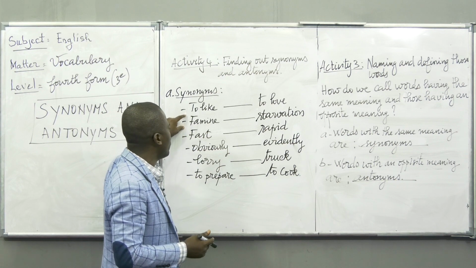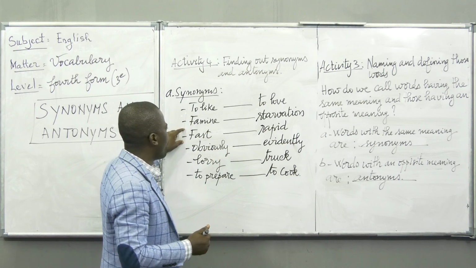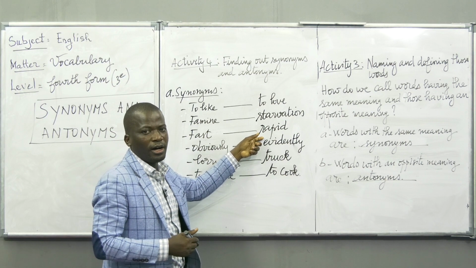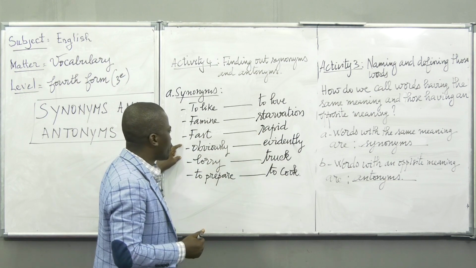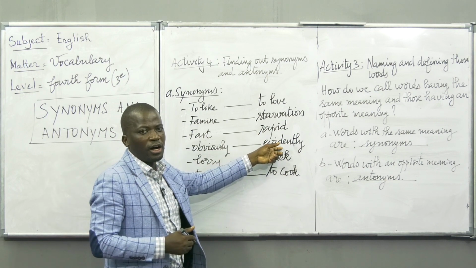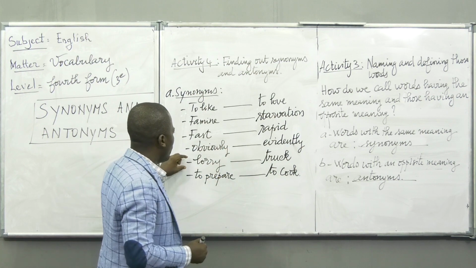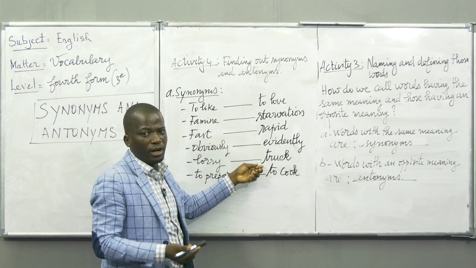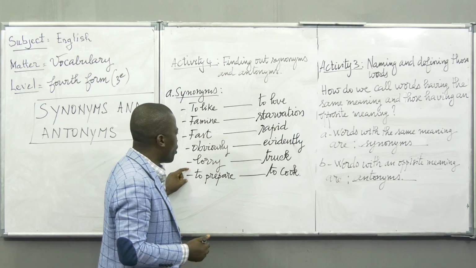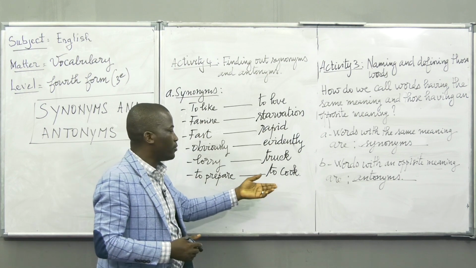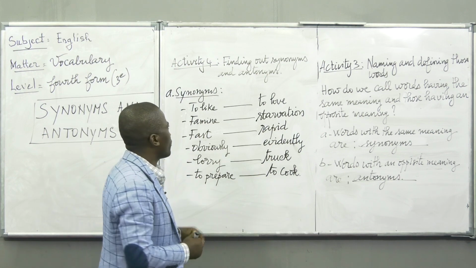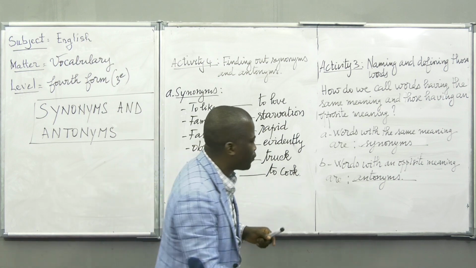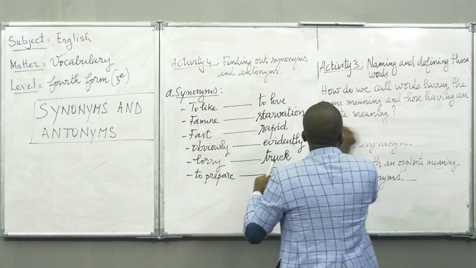Fast and rapid are adjectives. Obviously and evidently are adverbs. Lorry and truck are nouns. To prepare and to cook are verbs. Good.